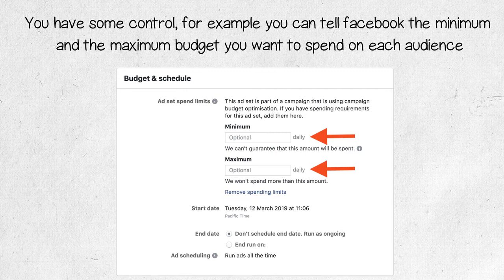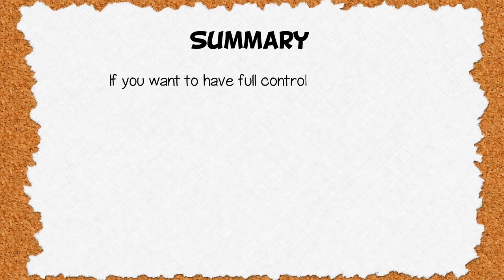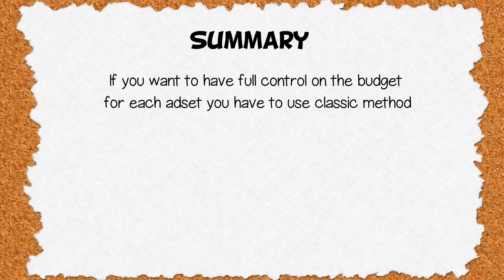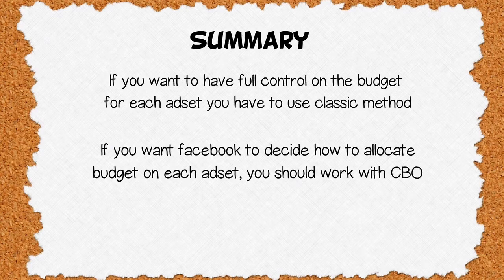For example, you can tell Facebook to spend minimum $2 per day on the Indian audience and maximum $10 per day. Let's sum up before we continue. If you want to have full control on the budget for each ad set, you have to use the classic method. But if you want Facebook to decide how much to spend on each ad set, you should work with CBO.